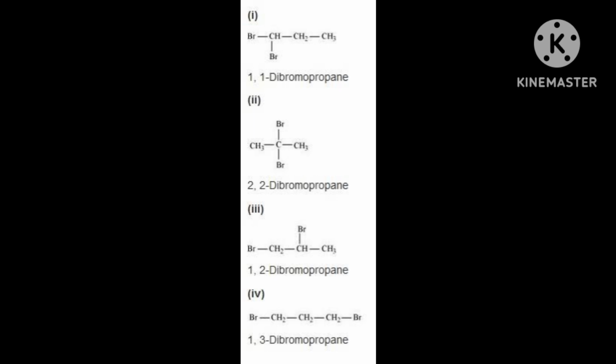Here at carbon number 2, methyl groups are attached. Then you can write one bromo, and at carbon number 2 methyl groups are attached. And the total straight chain is of 3 carbons, propane.